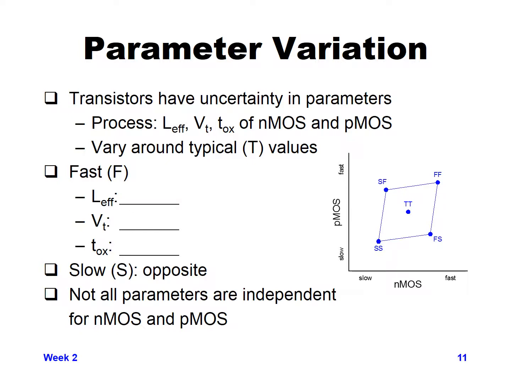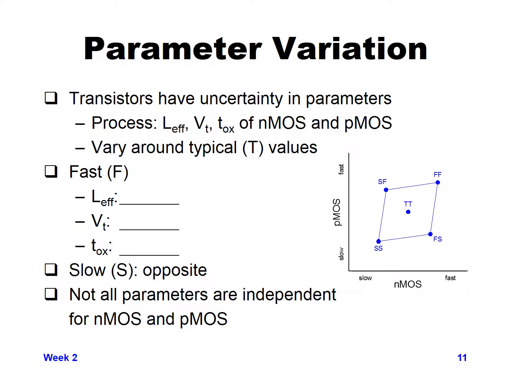So if you have an SF corner, it means you can have your NMOS device slower than normal, but your PMOS device faster than normal. And then of course there could be both of them faster than normal, which would be your FF corner, and your FS corner is a faster NMOS device and a slower PMOS device.